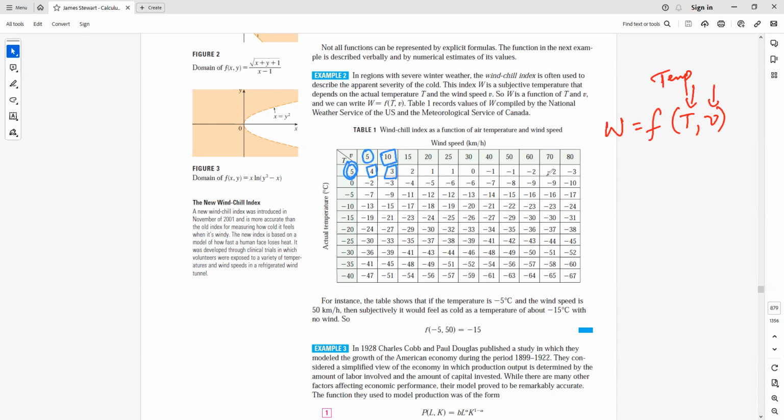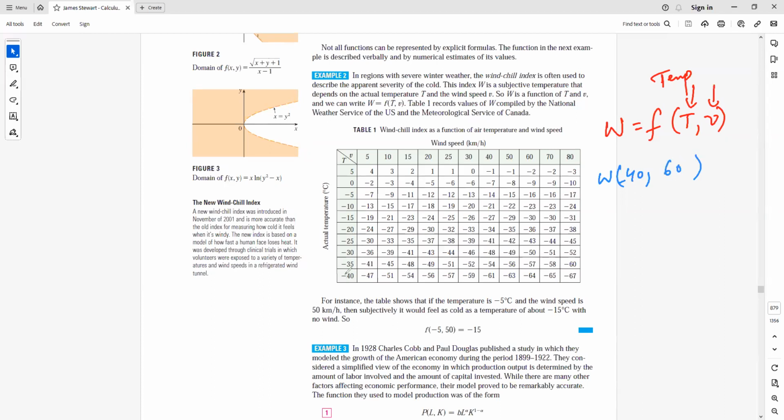So all these values represent, for instance, if I am interested in finding W of (40, minus 25), I have to look at the table where the temperature is 40. Okay, we don't have 40 degrees, so let's say negative 40 degrees, and let's say the wind speed is 60.